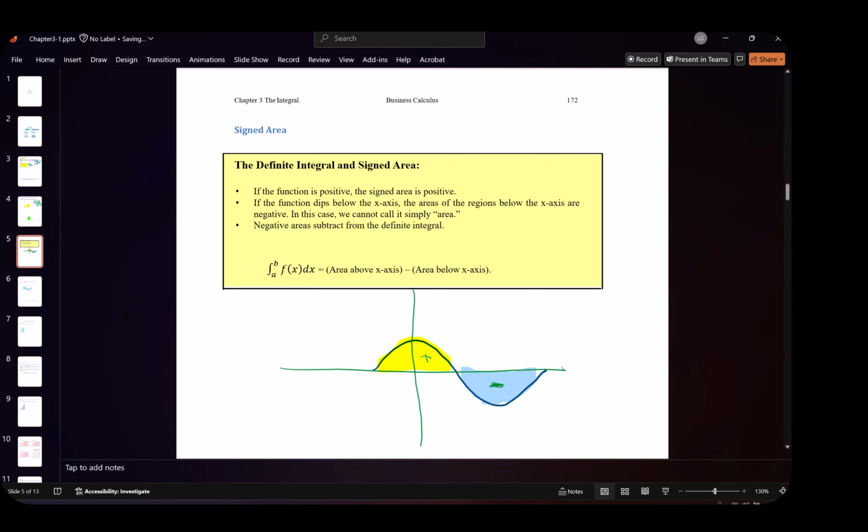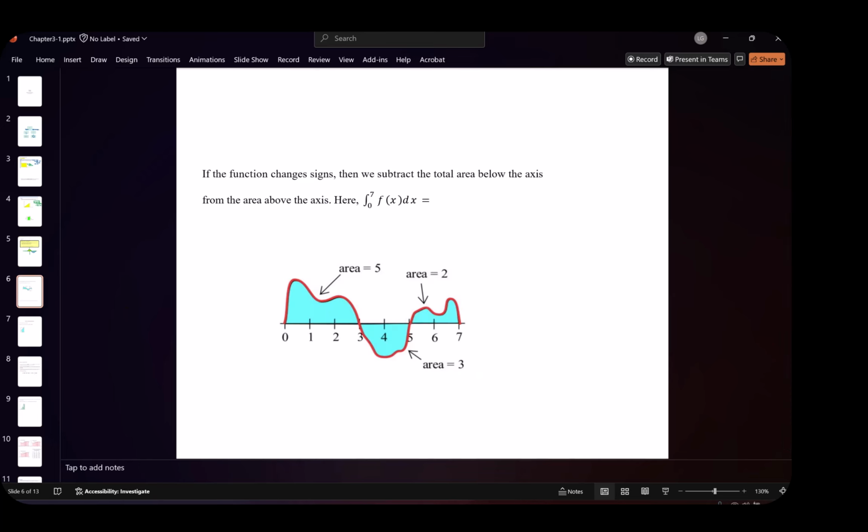If this was positive and this is negative, then we would subtract the blue from the yellow. As an example, if the function changes signs, then we should subtract the total area below the axis from the area above the x-axis. If I were to add all those together, I would get my total area.